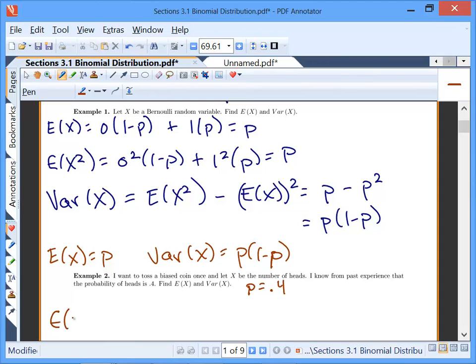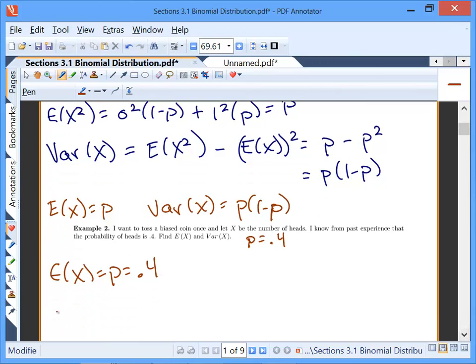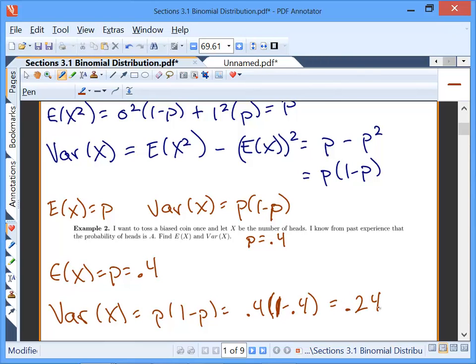So my expected value of x is p, so 0.4. And the variance of x is p times 1 minus p, so 0.4 times 1 minus 0.4, which should give me 0.24.